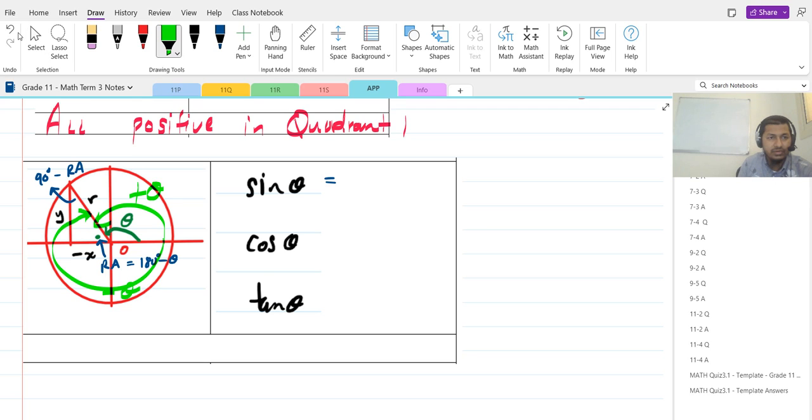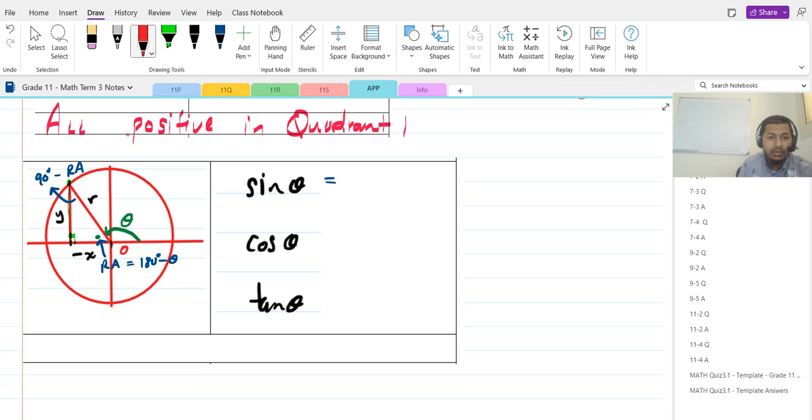So anyways, let's take that out and solve what is sine theta, cos theta, and tan theta. Let me just explain how we got this negative x, y, and r. Remember, that's the radius of the circle. I have a point on the circle. If I go vertical distance, that's y. And remember, from 0 to x, horizontal distance is x. Distance is x, but the value itself is negative x because it's on the left hand side of 0.